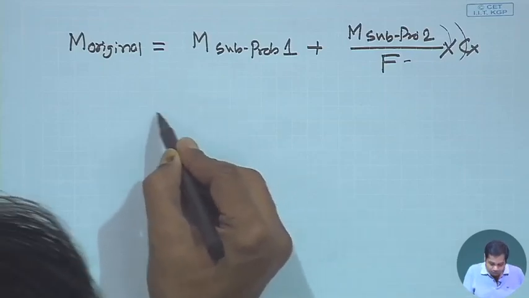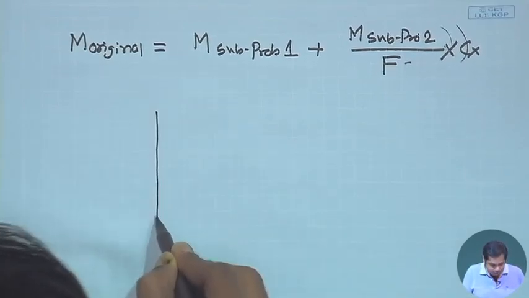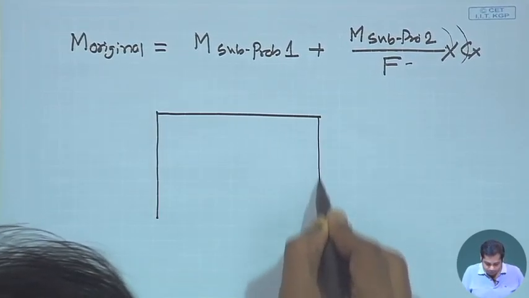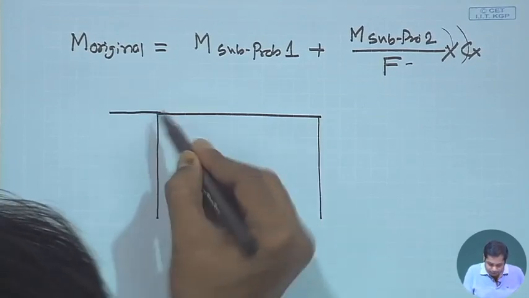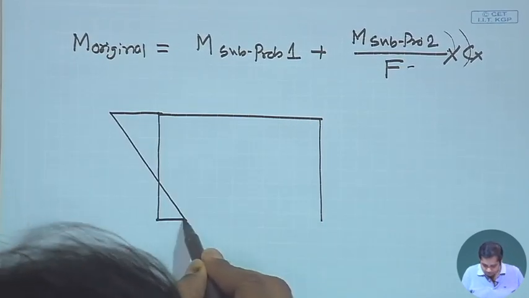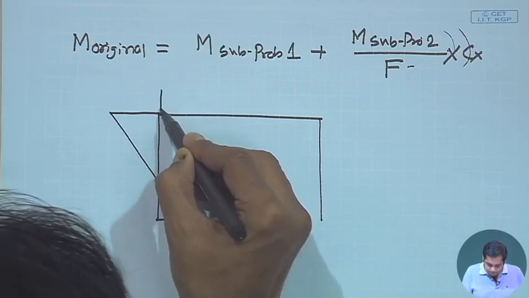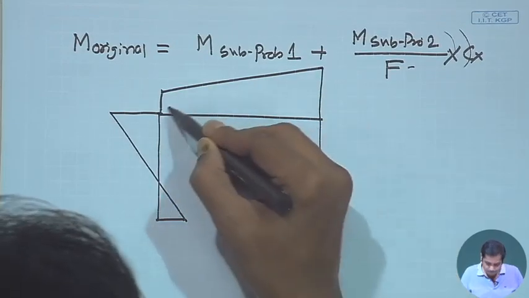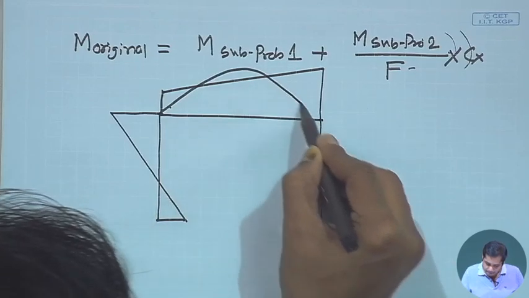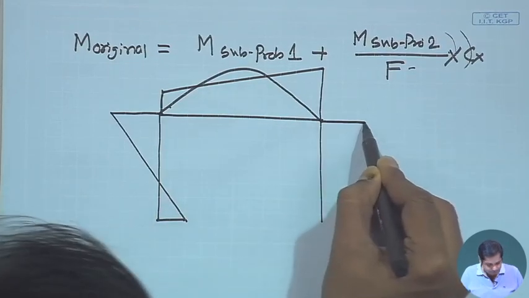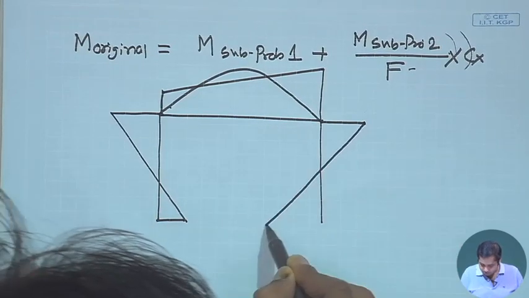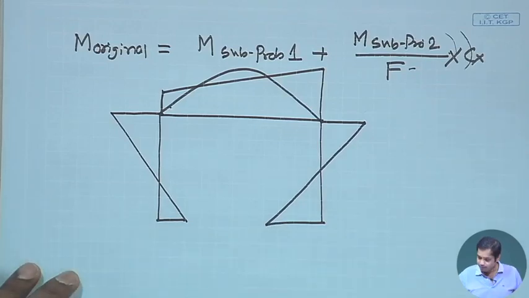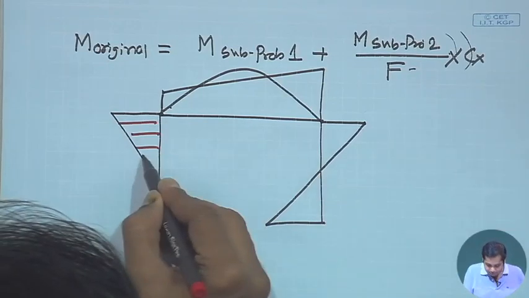Let us finally draw the bending moment diagram and write the values. Okay. You get the bending moment diagram like this. And this is the final bending moment diagram that you get.